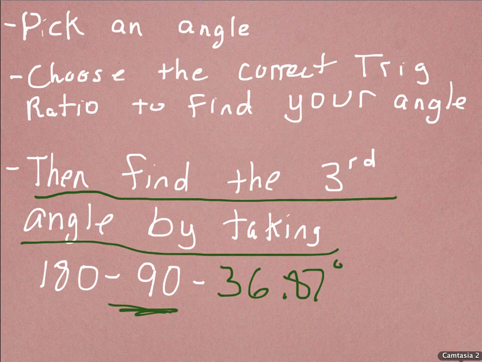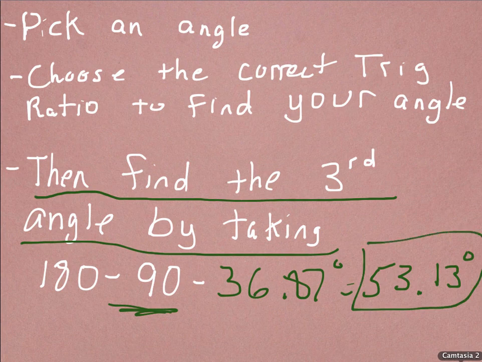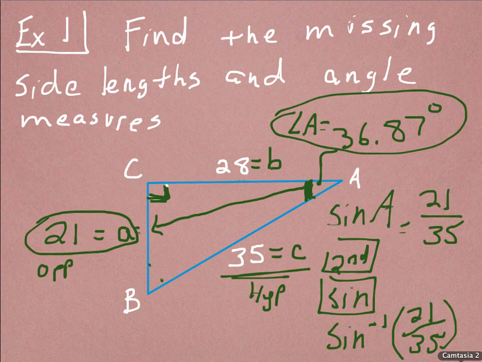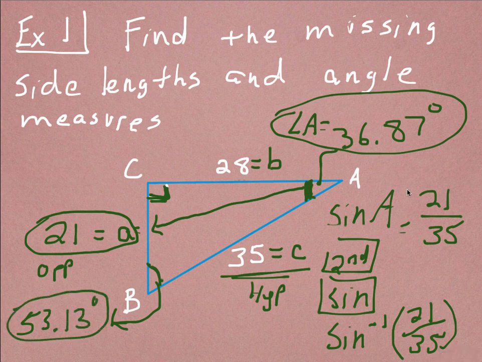So we can do that real quick and finish up the lesson here. 180 minus 90 minus 36.87 gives me 53.13 degrees. And that will be our third angle, 53.13. So I can label that over here. Angle B is 53.13 degrees. All right, guys, I will see you tomorrow.